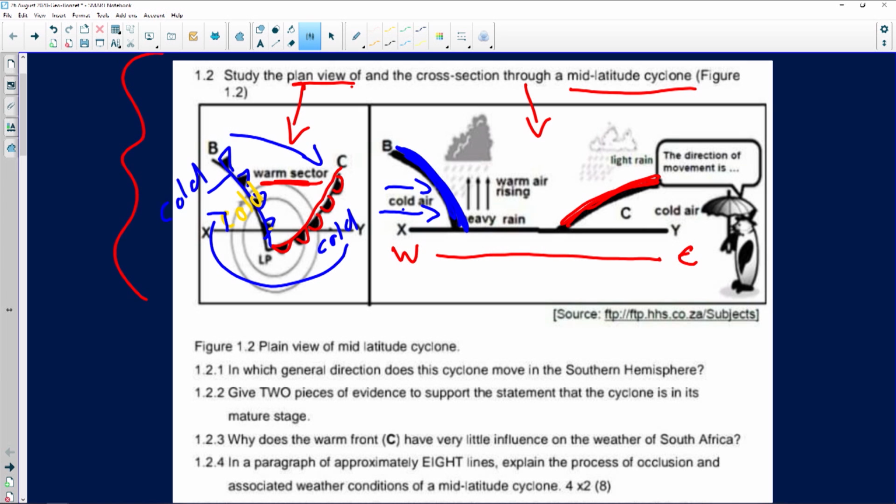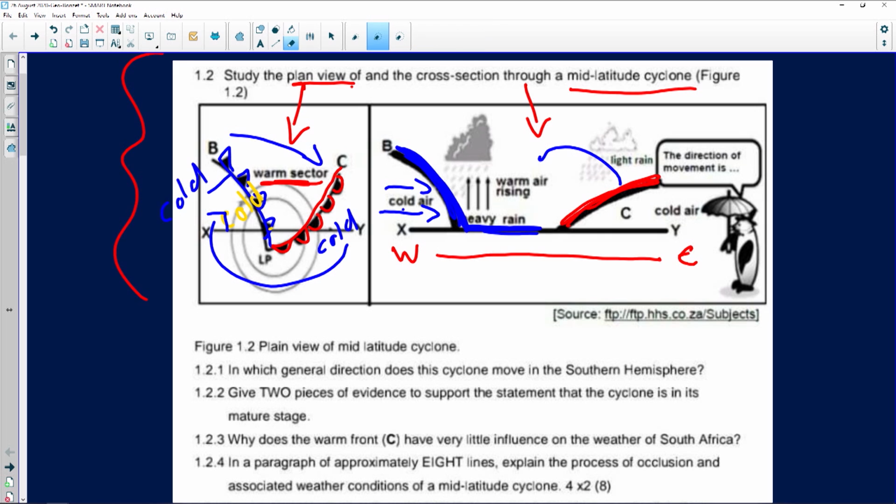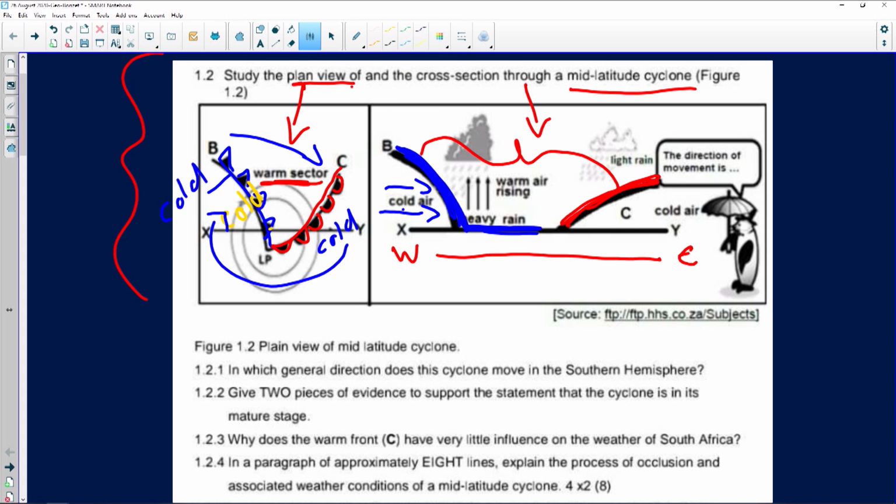Now, pay attention to the information that's given to us over here. They mention heavy rain, warm air rising. Why is there warm air rising? Because we know this sector over here, I just want to use a red pen to make it simpler, this section over here is the warm sector.